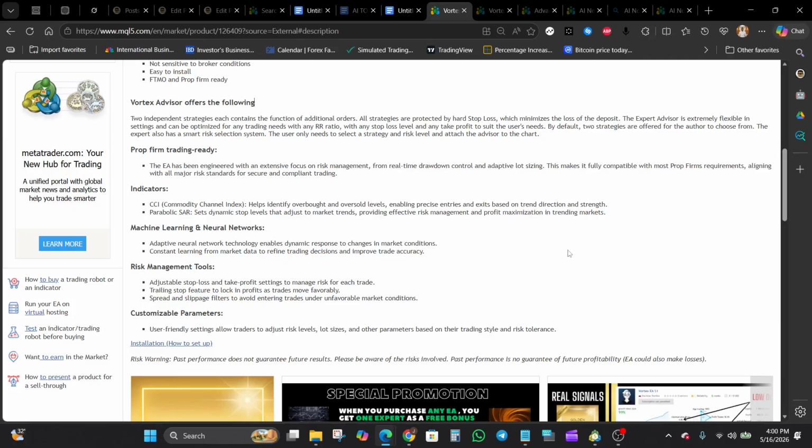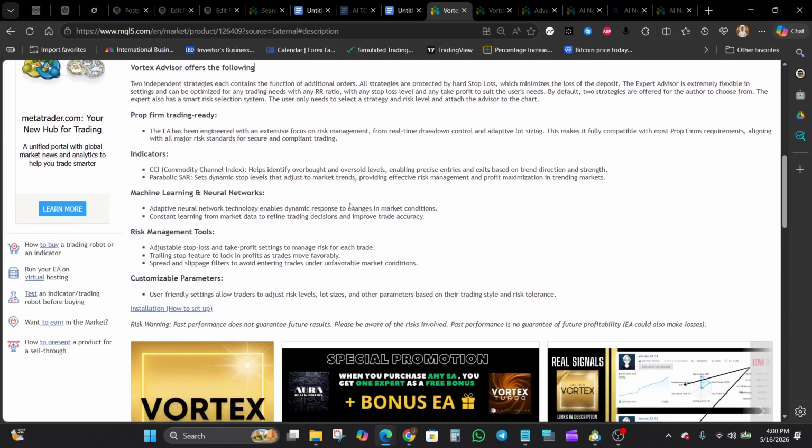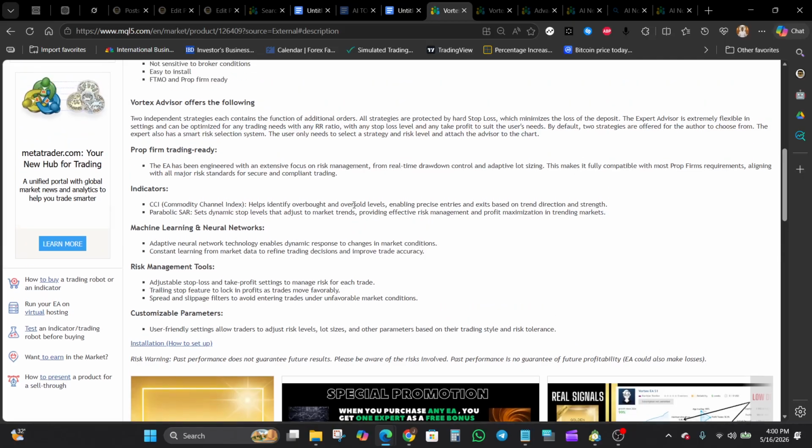Now, looking deeper into the technical side, the EA uses indicators like CCI and parabolic SAR as part of its overall trading framework. According to the developer, these indicators are used to help identify trend strength, overbought and oversold conditions, and dynamic stop levels during market movement.